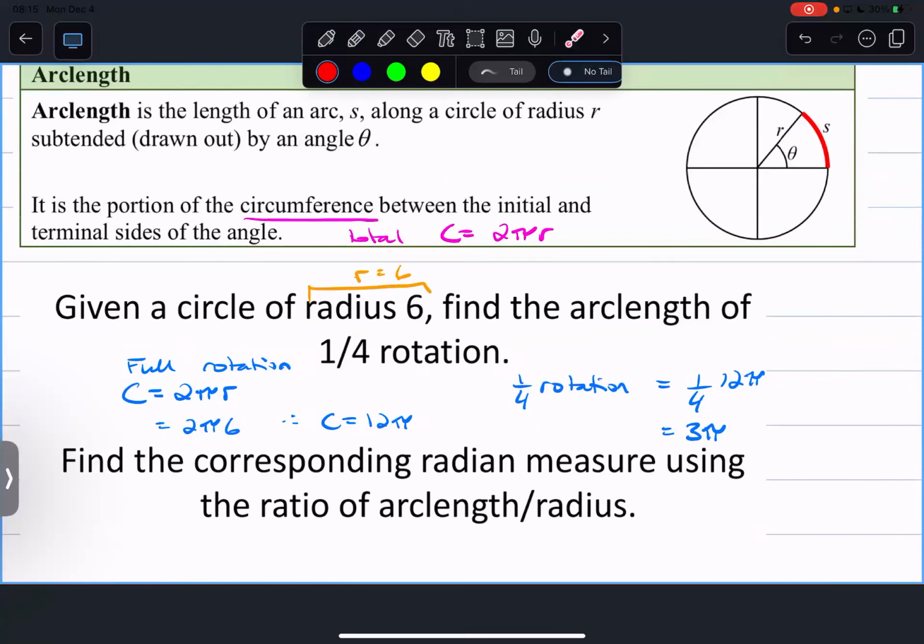The radian measure is a ratio of the arc length and the radius, but we're skipping it. I should have cut it. It exists, it's a big deal, but we're skipping it because it's our last day, and I want to be able to solve some problems.